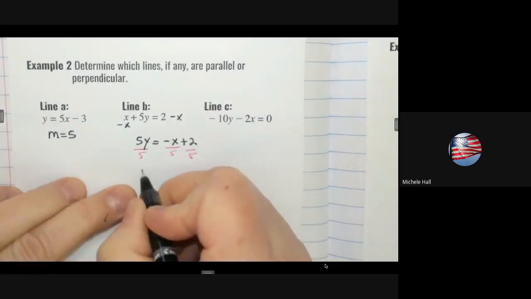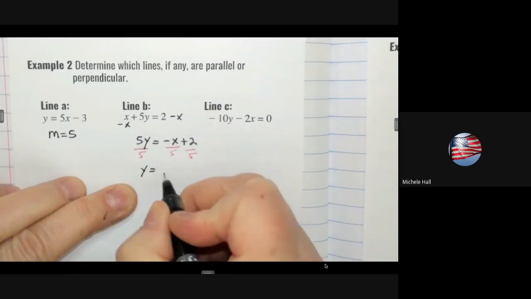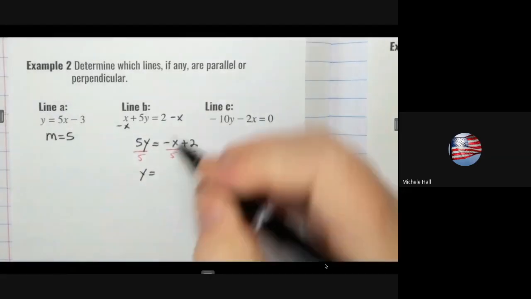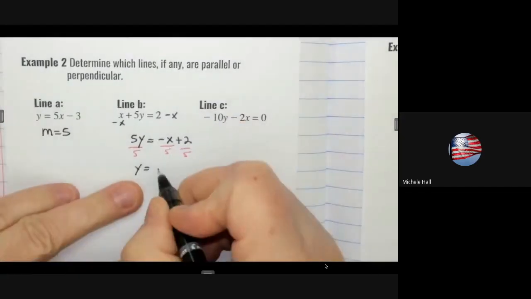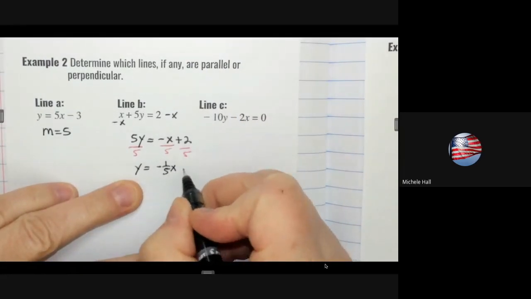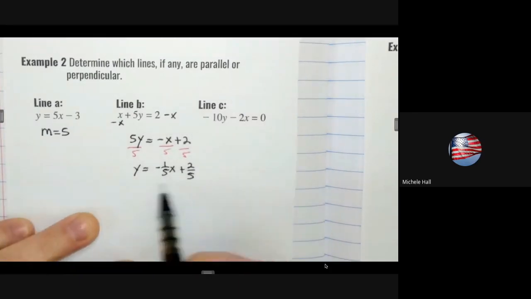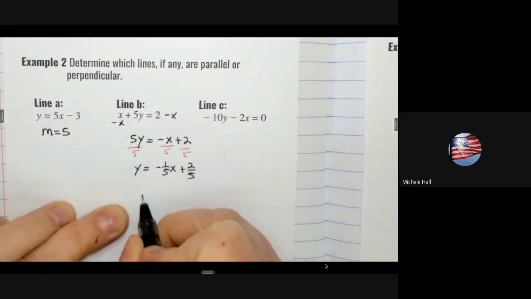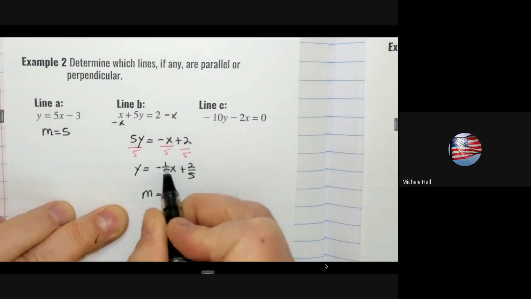We get y equals, remember that there is a 1 in front of this x, so that would be -1/5 x + 2/5. What is the slope of this line? Negative 1/5.